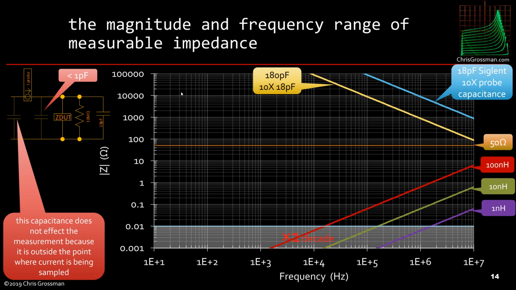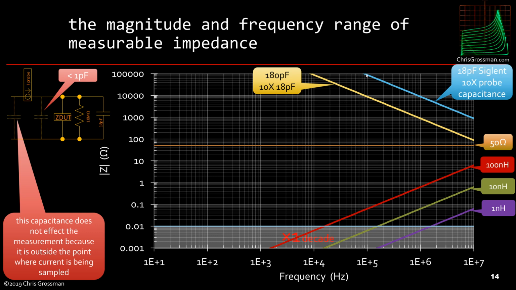So now let's think about what's the actual range of impedances we can measure. We have the signal from the signal generators coming in here, and then flowing through the current probe, and then into our device under test. But with our device under test, we also have the scope probe in parallel with it. So we have 10 megohms in parallel with 18 picofarads. The 10 megohms is up here. It's not really shown.